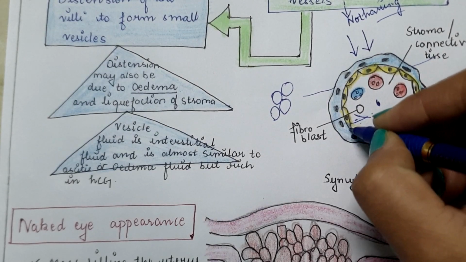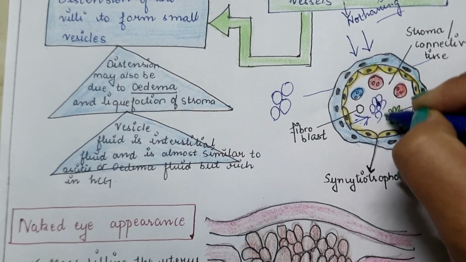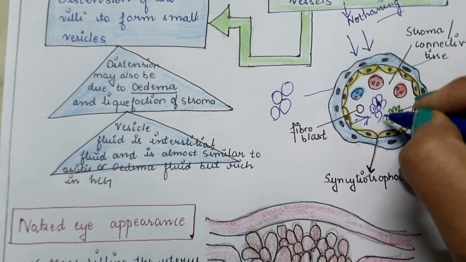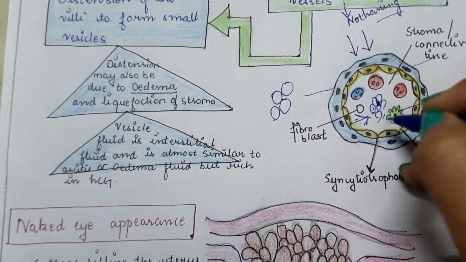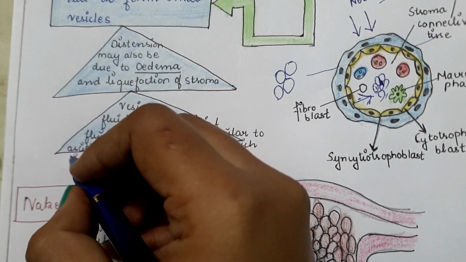As the secretions from the hyperplastic cells come into the stroma, there is the formation of vesicles which contain the fluid, that is interstitial fluid, that is extracellular fluid, and it is almost similar to ascites. What is ascites?